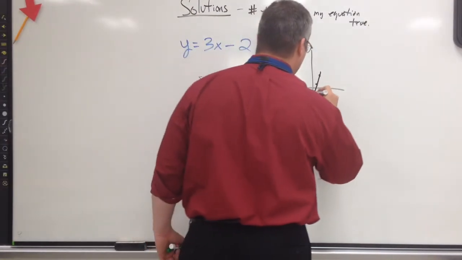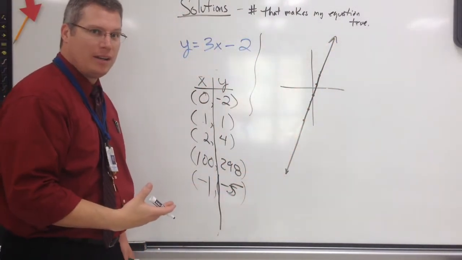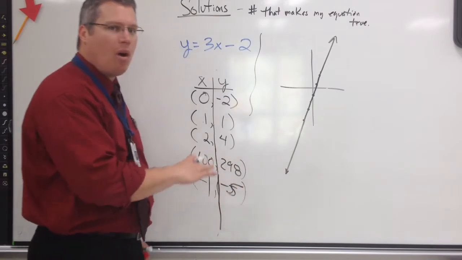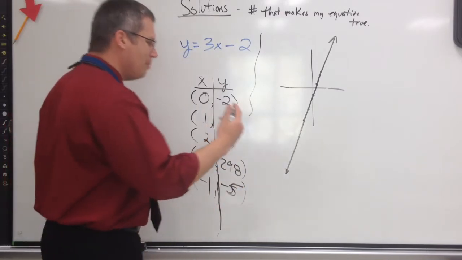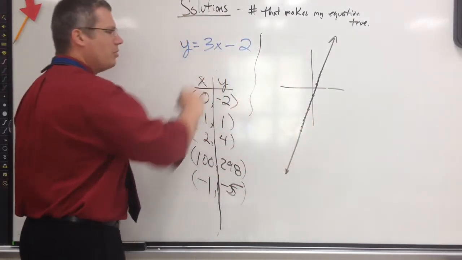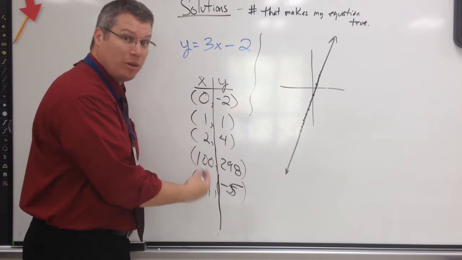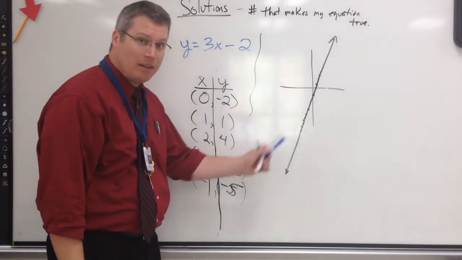It will make a straight line. And this is how you show all of the solutions, the millions and millions of ordered pairs that make this equation true. And when you start graphing your solutions, which are ordered pairs, you will get a straight line.